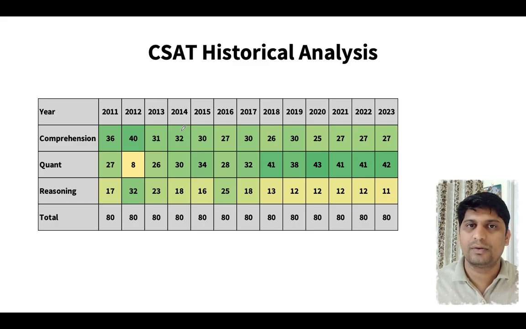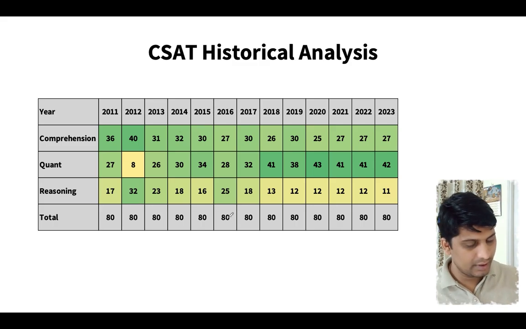Then there is quant, which is actually mathematics, where you have to solve some questions, like multiplication, equations and all. Then there is reasoning, where it is logical, similar to quant, but it does not involve calculations. It involves some logical arrangement, logical thinking, etc. So these are three major groups which can be made in CSAT.